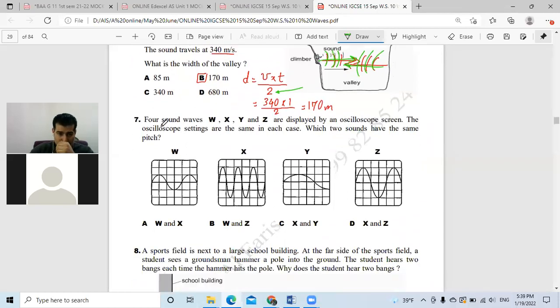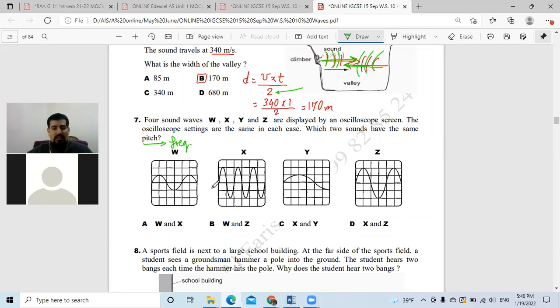Question number 4. Four sounds W, X, Y, and Z are displayed on an oscilloscope screen. The oscilloscope settings are the same in each case. Which two of the sounds have the same pitch? Same pitch means the same frequency, which means the same number of vibrations every second.